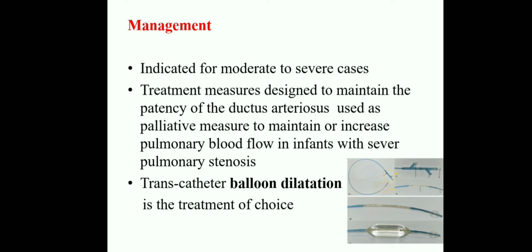Okay, the main management is transcatheter balloon dilatation, the treatment of choice for pulmonary stenosis. For all obstructive cases, the main management is balloon angioplasty or balloon dilatation and balloon valvotomy. These are the surgical management for the obstructive lesions.